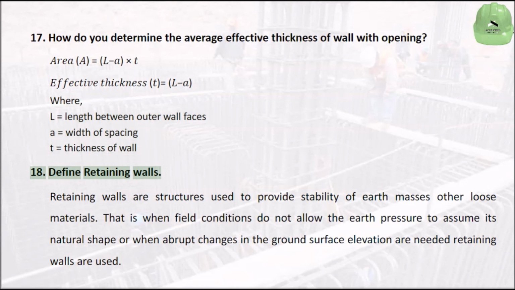Define retaining walls. Retaining walls are structures used to provide stability of earth masses or other loose materials, that is, when field conditions do not allow the earth pressure to assume its natural shape, or when abrupt changes in the ground surface elevation are needed. Retaining walls are used.